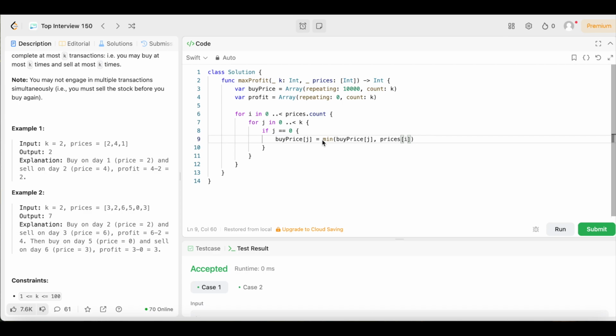And once again, that's going to find the minimum, that's where this min comes from. We're going to find the minimum of either this or this, and that's what we're going to return.